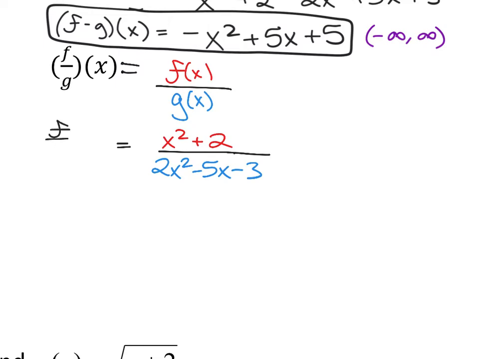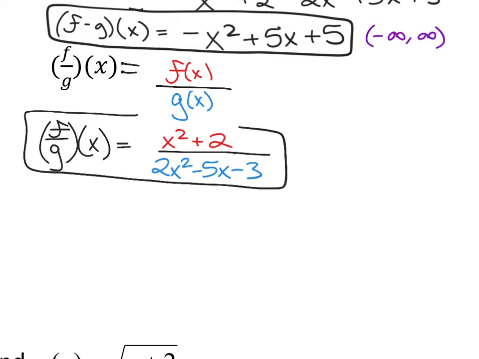So that's as simplified as I'm going to get f divided by g for this problem. However, when I do the domain, I have to remember that that denominator cannot be equal to 0. So we need to figure out what numbers cannot be plugged into that denominator and include that in my domain.